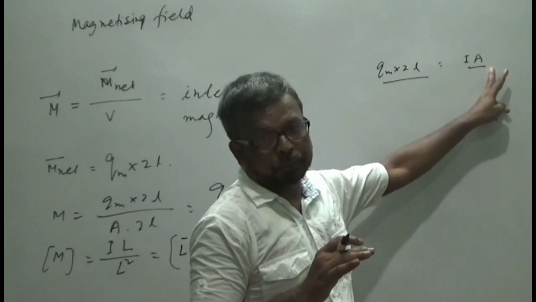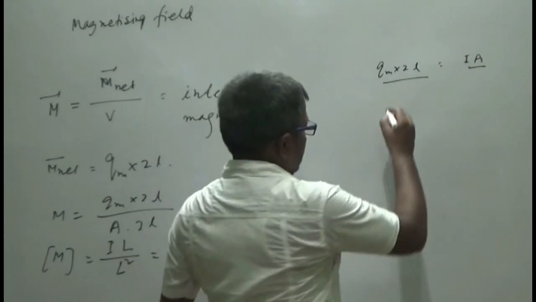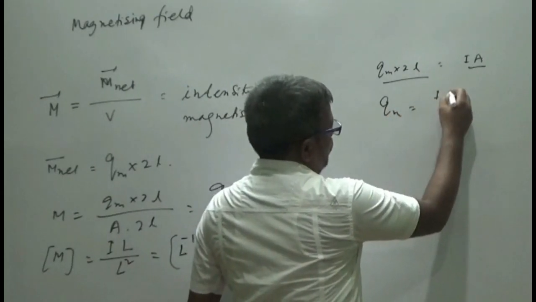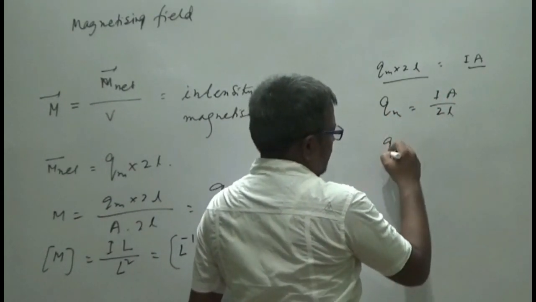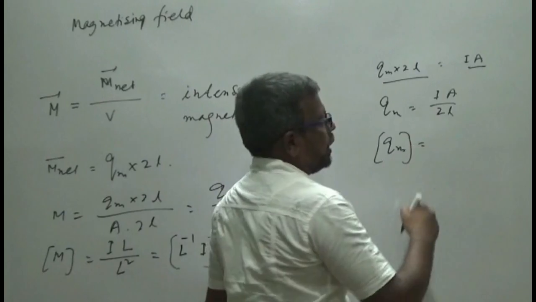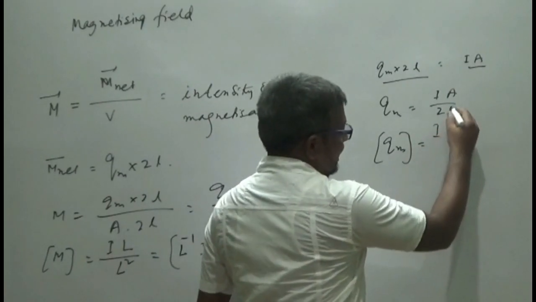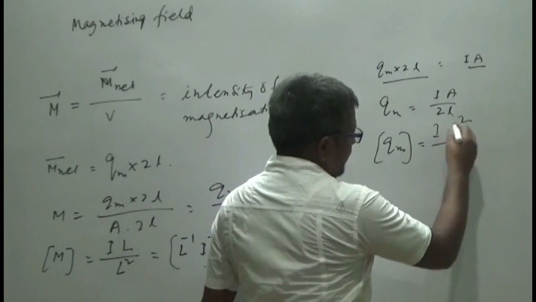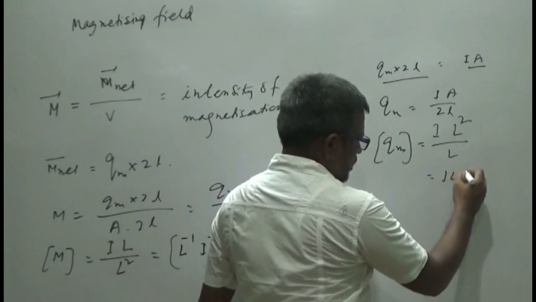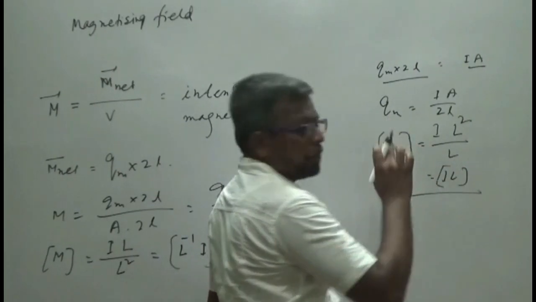Therefore you can write qm is equal to I into A divided by 2l. Therefore the dimension of qm: I is I, A is L square and 2l is L. Therefore L into I is the dimension of pole strength.